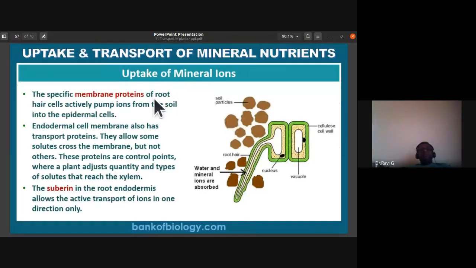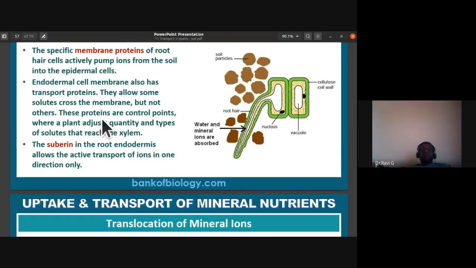The specific membrane proteins of root hair cells actively pump ions from the soil into the epidermal cells, because it's an active process. There is expenditure of energy. The endodermal cell membranes also have transport proteins. They allow some of the solutes across the membrane, but not others.